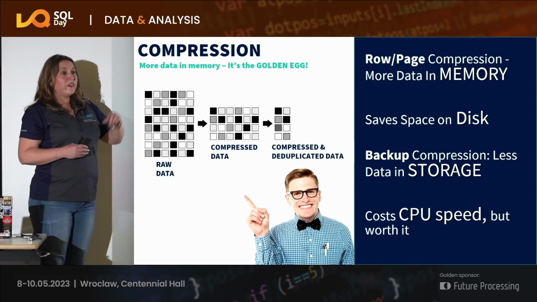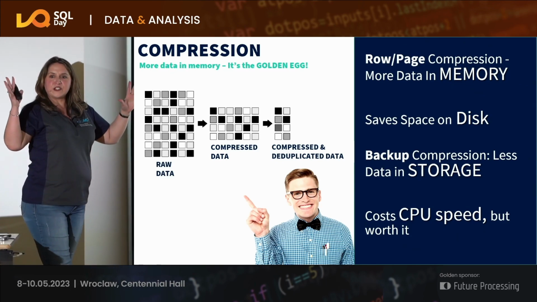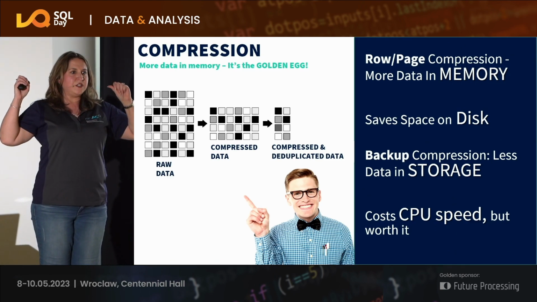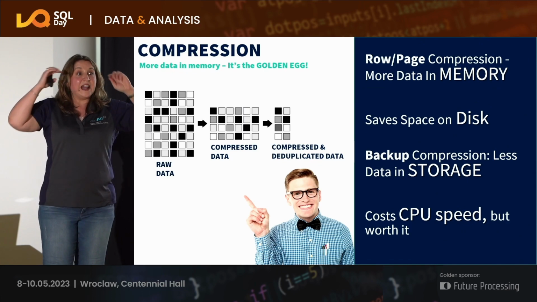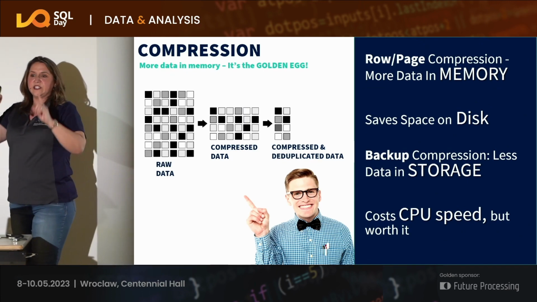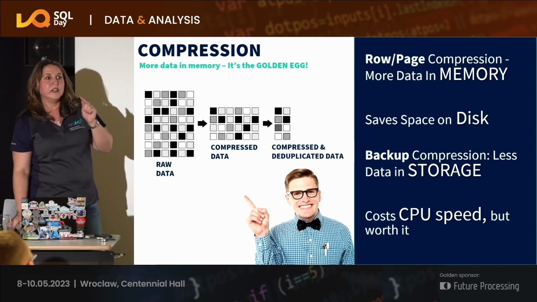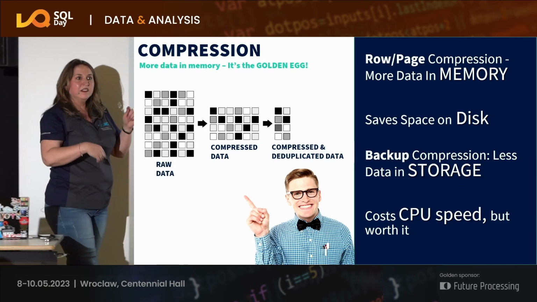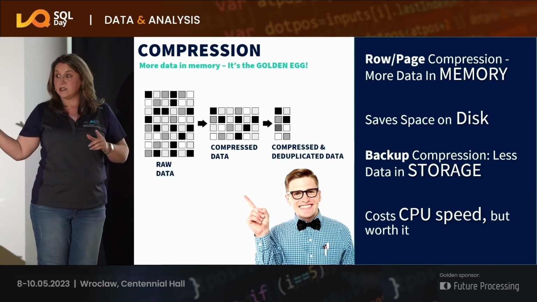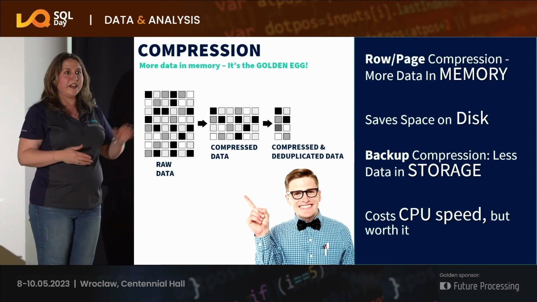Okay? Now, one of the things is all this new storage uses this thing called deduplication. You know what deduplication is? It actually dedupes the data on the SAN or wherever your storage is and uses these things called pointers. So instead of replicating the data, it uses pointers when it's repeatable data and saves space on the storage. Everybody good?